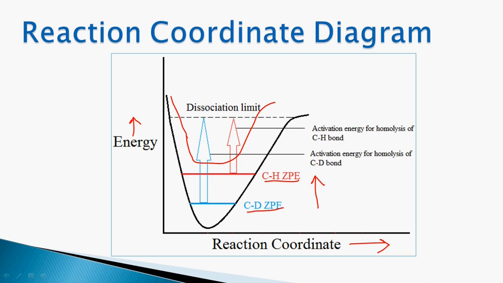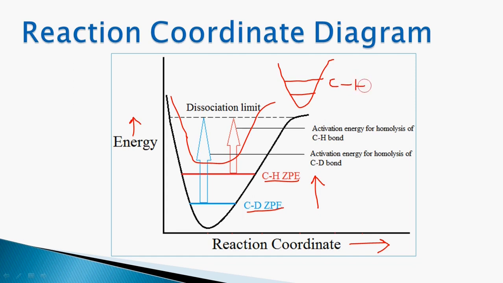Suppose it is not shown here, but suppose reaction has a transition state, then transition state or activated complexes will have a potential energy well as well, which will be plotted here, and in case of activated complexes there will be a difference in the 0 point energy of CH and CD bond.